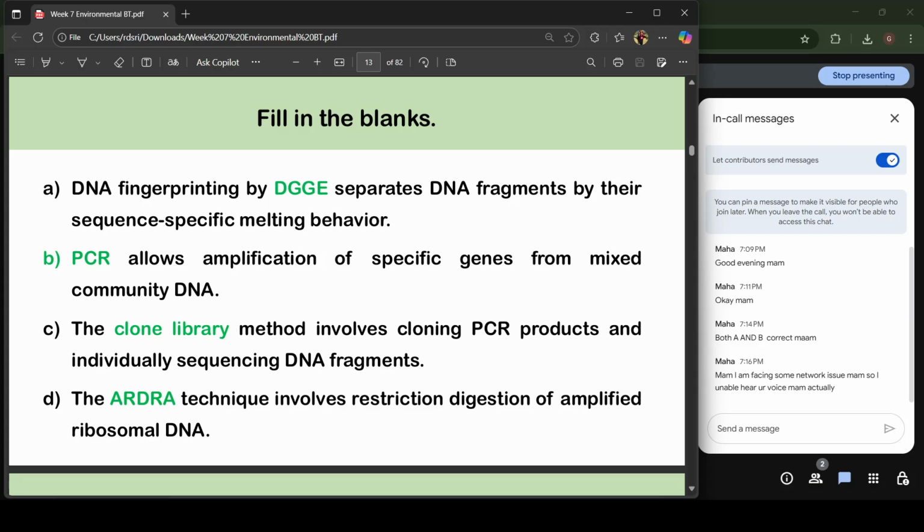So when we talk about a fingerprinting technique which works on the specific melting behavior of DNA, it is going to be DGGE. The second one is: dash allows the amplification of specific genes from mixed community DNA. It is PCR, the polymerase chain reaction, an amplification technique.